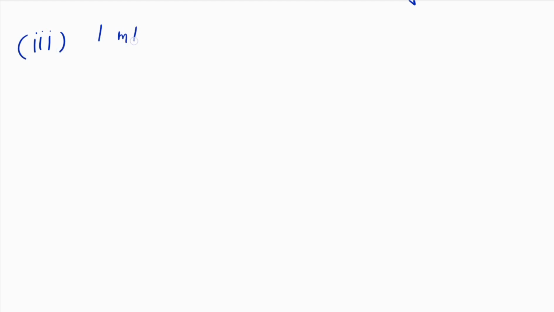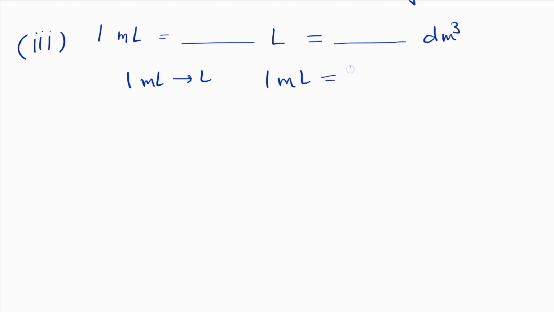1 milliliter is equal to dash liter, which is equal to dash decimeter cube. So let's once again divide it into two parts. 1 milliliter to liter. It is a direct relationship. 1 milliliter is equal to 10 raised to power negative 3 liter.